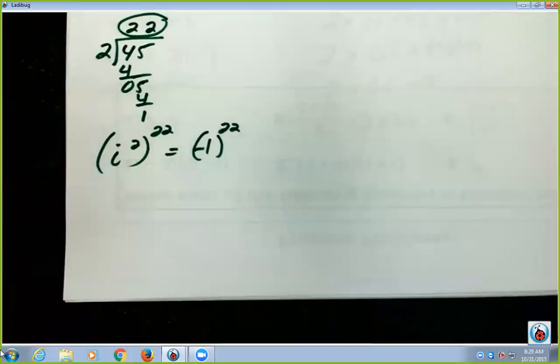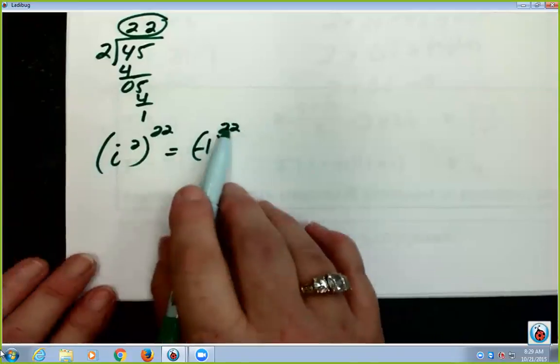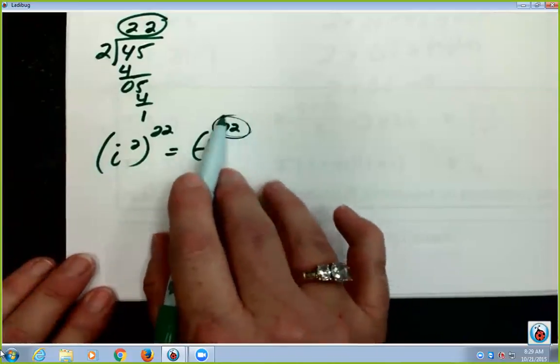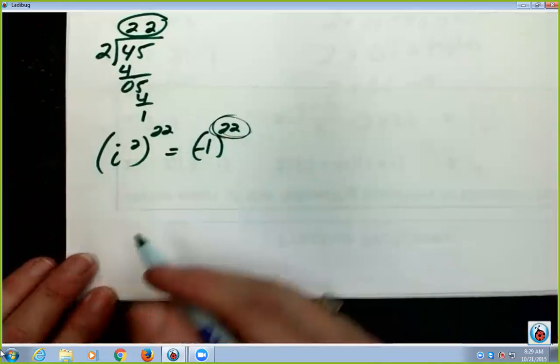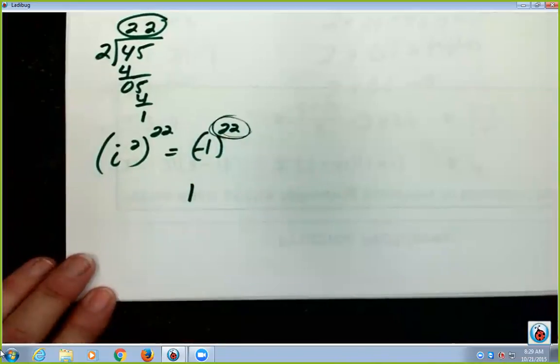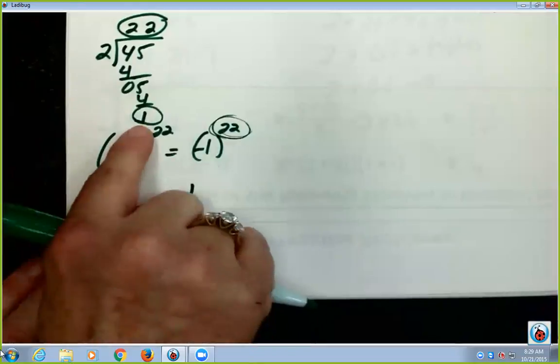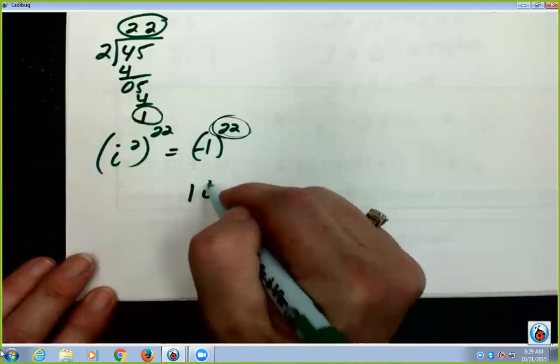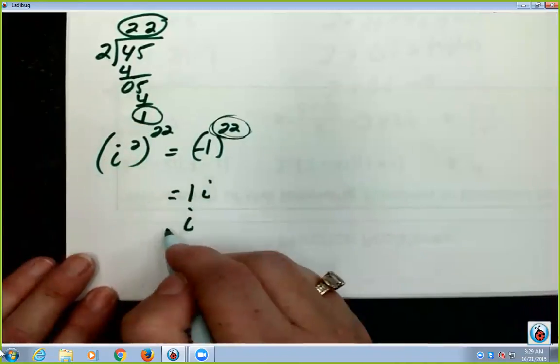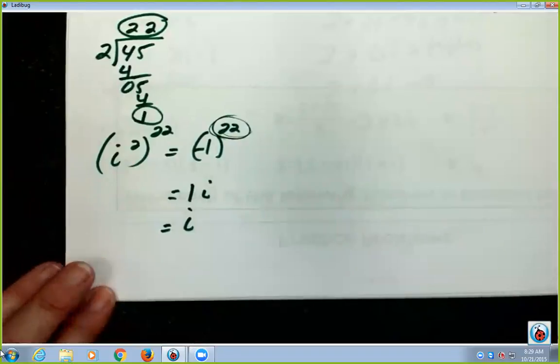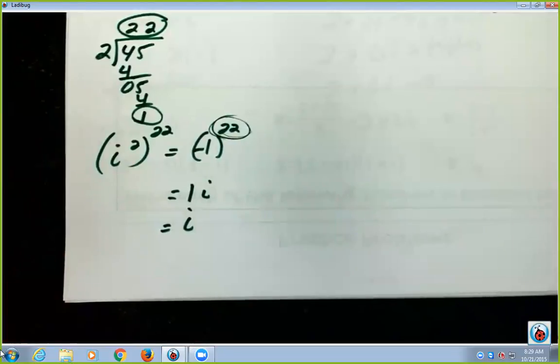Well, anytime this power is even, like it is now, that means I have a positive 1. But I had a remainder in my 45, so I have 1 i. So my answer is just simply plain old i, because everything else disappears out of it. So I can break it down and get rid of whatever I need.